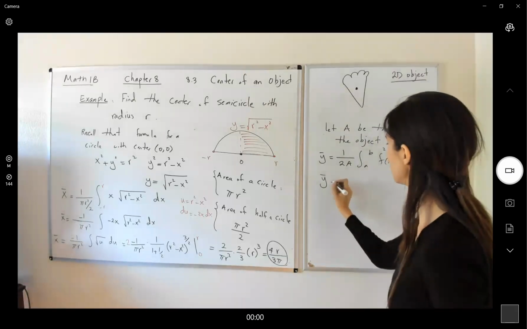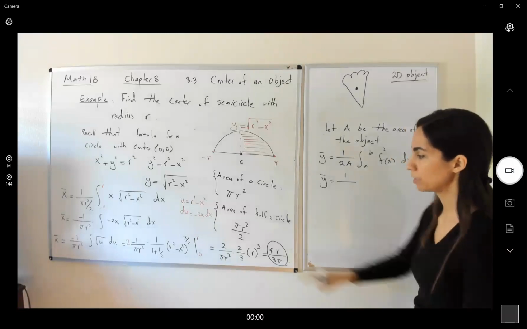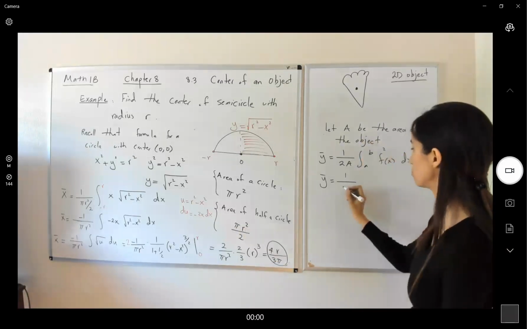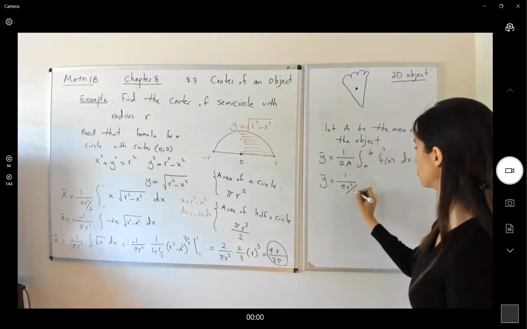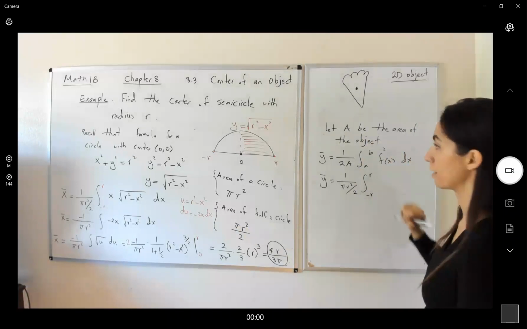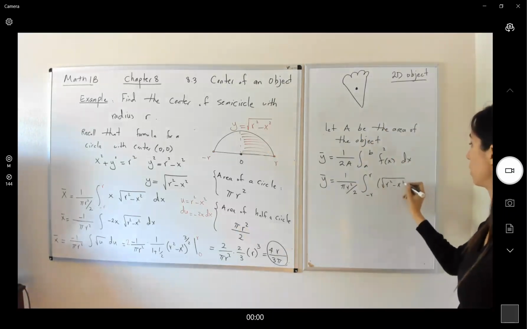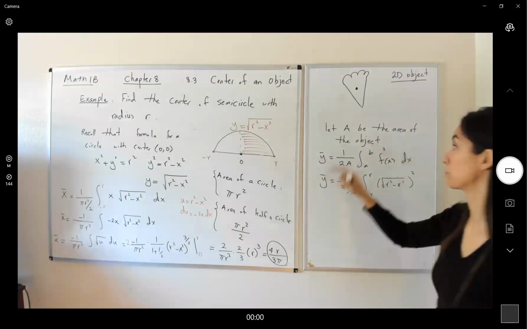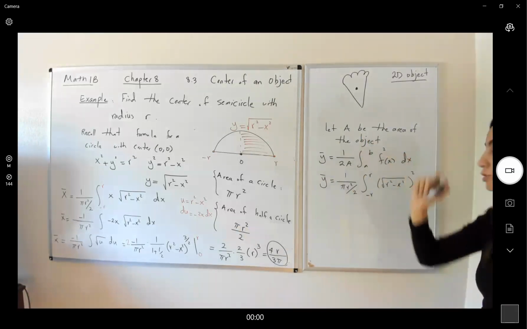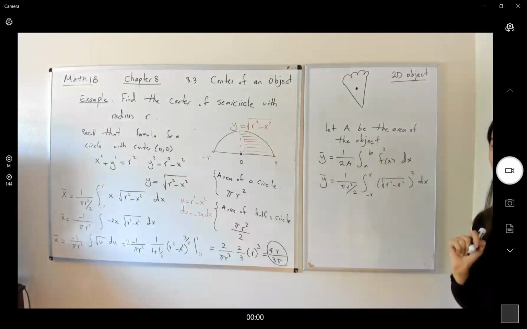So the second coordinate is equal to 1 over 2a. So what is our a? Pi r squared over 2. So pi r squared over 2 times the integral from negative r to r, and here we have the square root of r squared minus x squared raised to the second power. In the formula you have the square of f, so you can easily get rid of the radical.